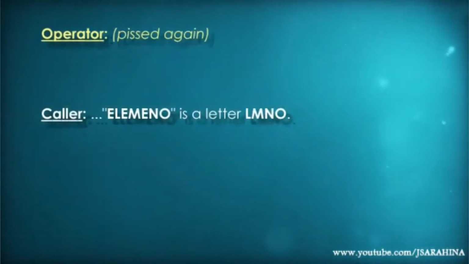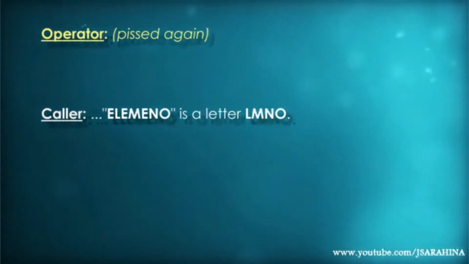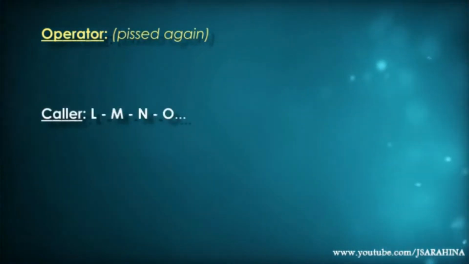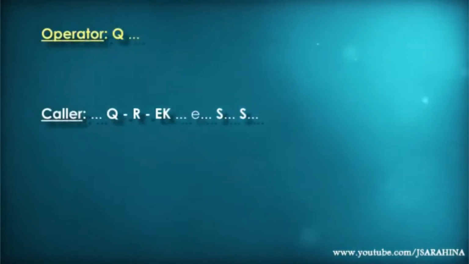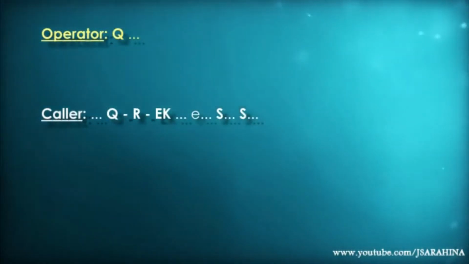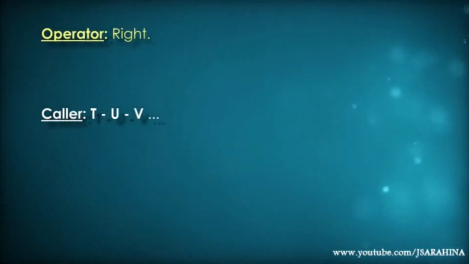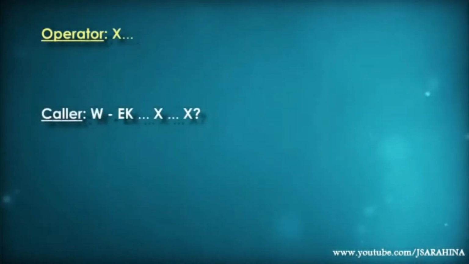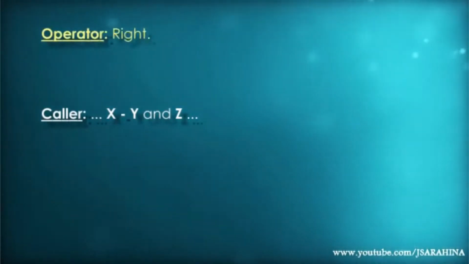Sir, I really need to get this letter from you. Okay, I have other customers on the line also. We go on. L, M, N, O, P, Q, R, S, right. S, T, U, V, right. W, X. X, yes. X, right. Y, right, and Z, and X.